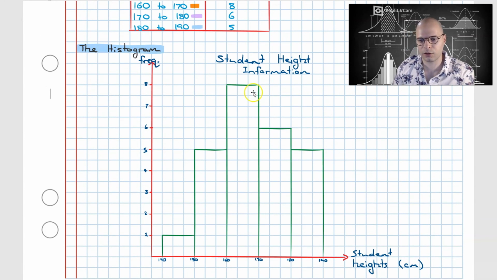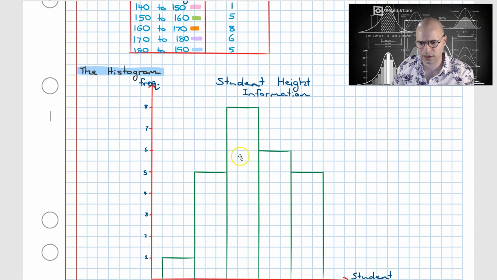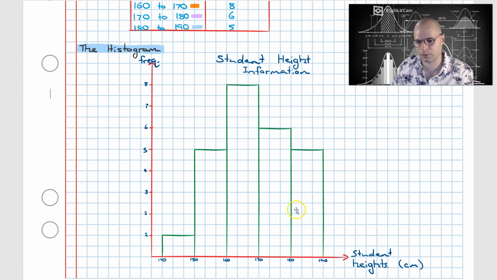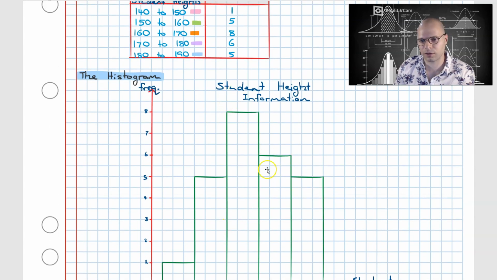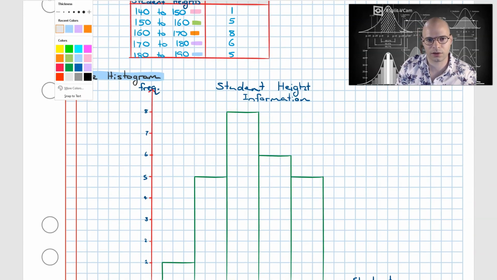And now the final change that I might want to make is a cosmetic change in that I'm going to color the columns in here so they're easier to read. Now you don't have to do it this way, but the purpose of drawing a graph is to make things easier to read. So I'll just color them in.